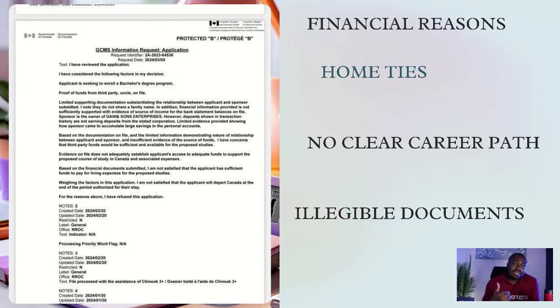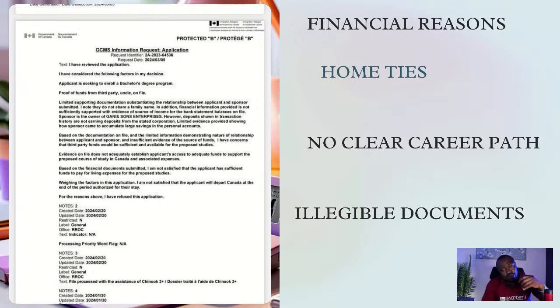If it ever happens that your Canada study visa has been rejected, the very first thing you should do is apply for a GCMS note. Now, what is a GCMS note? A GCMS note is a consular note. I think it's General Case Management System or thereabouts.